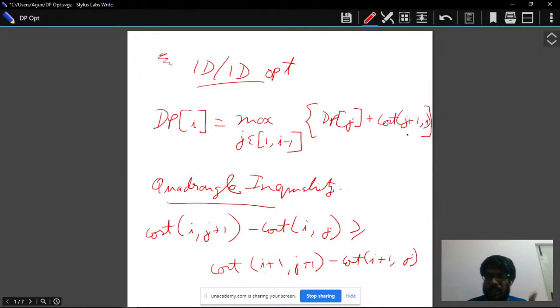So think of this as when you do backtracking in DP to find the actual instance, you will keep track of this, right? So where exactly was that argument? It's like argmax in this case.